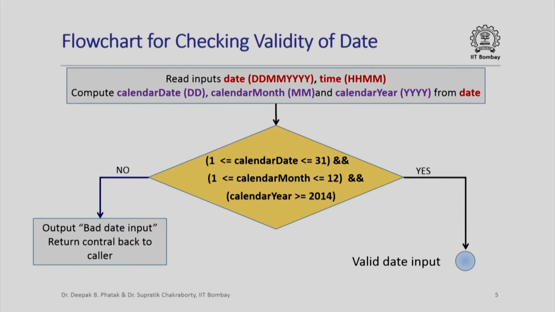So let us say if the calendar year is greater than or equal to 2014, and notice the use of the double ampersand operators here, and if you recall, this is the logical AND operation when constructing logical expressions in C++. If the answer to this question, whether the three conditions are satisfied, is yes, then we have a valid date input. Otherwise we do not have a valid date input, so we simply output bad date input and return control back to the caller.